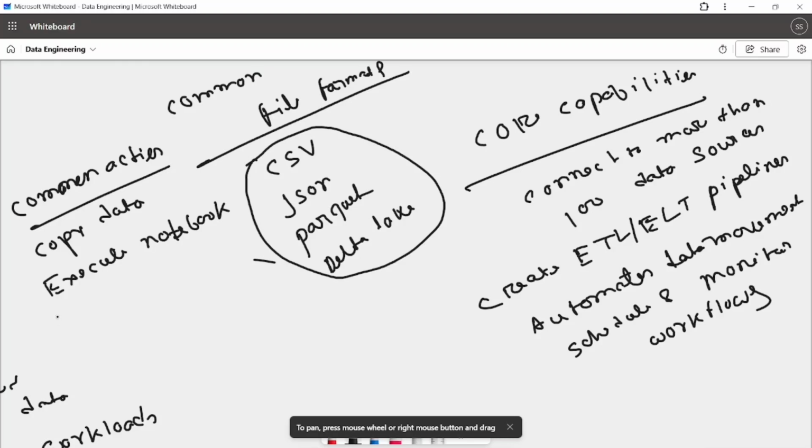Next is run stored procedure, okay, and perform data transformations.